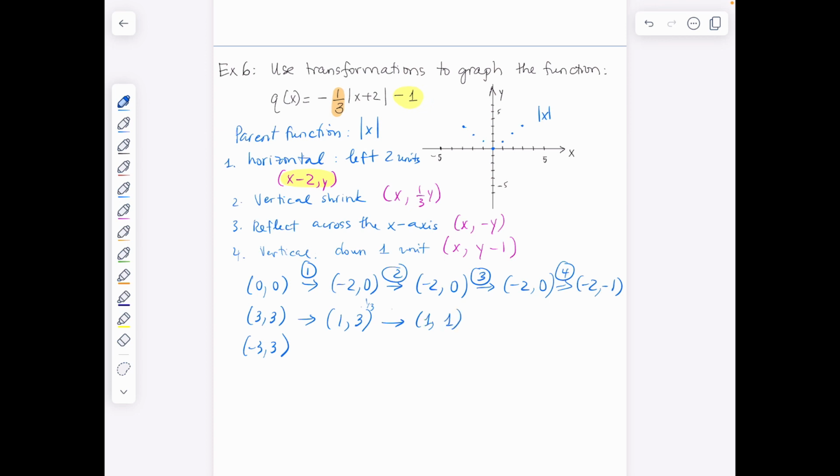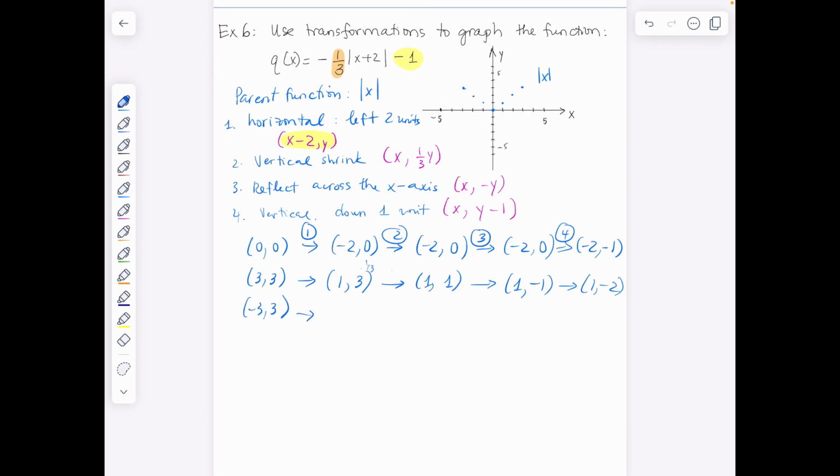So that's the second transformation. Third transformation, we are supposed to apply the negative to the y coordinate. So keep x the same, y will be negative 1. And last but not least, you'll subtract 1 from y, keep x the same. Negative 1 minus 1 will give us negative 2. And there's our second point.